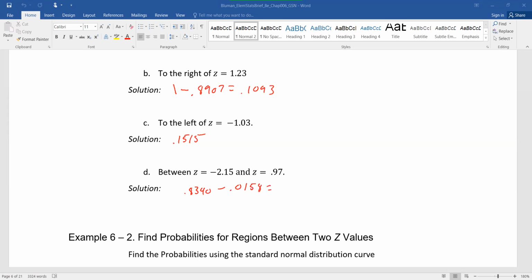And when you subtract the two, what do you get? Absolutely. Yeah, it sure is.